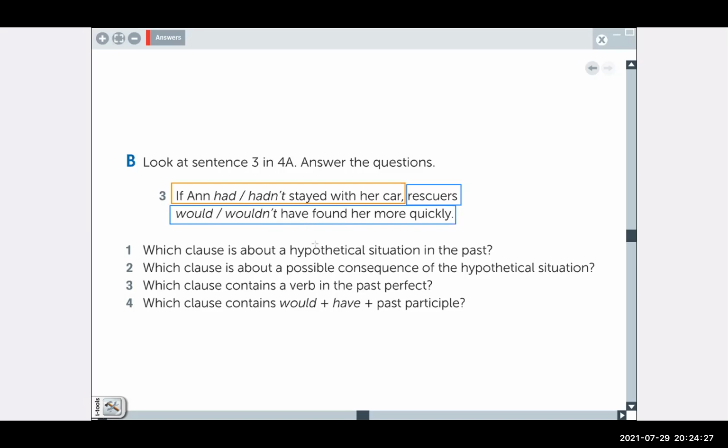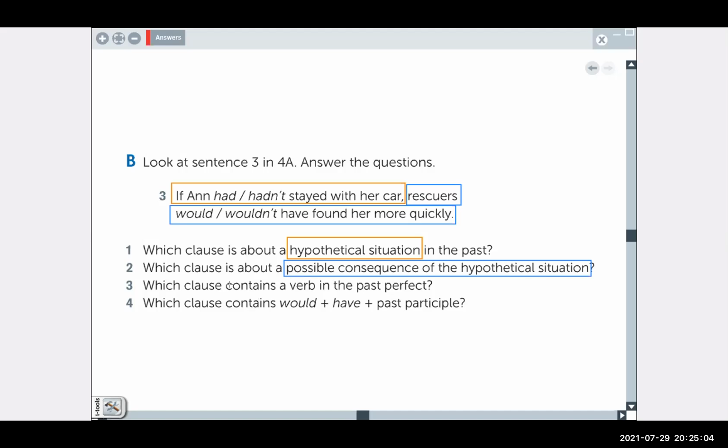Which of these two is about a hypothetical situation in the past? The first, the orange, right, is the hypothetical situation. Number two, which clause is about a possible consequence of the hypothetical situation? Of course, the second, right? It's the result, the possible result, or the possible consequence, okay?